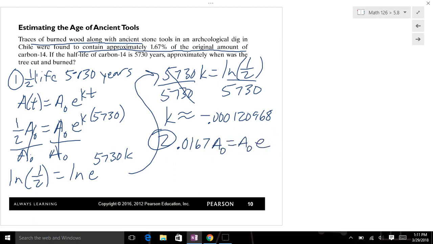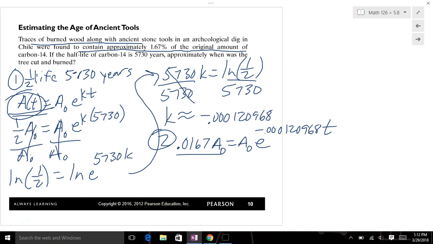That's our A of t, right? We get 1.67% of the original amount equals the original amount, A subscript 0, e to the k, and now we have the k, negative 0.00012096.8, times t. And we're going to find our t so we know when this tree was cut and burned.